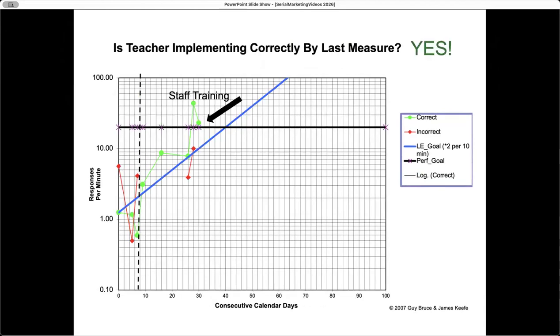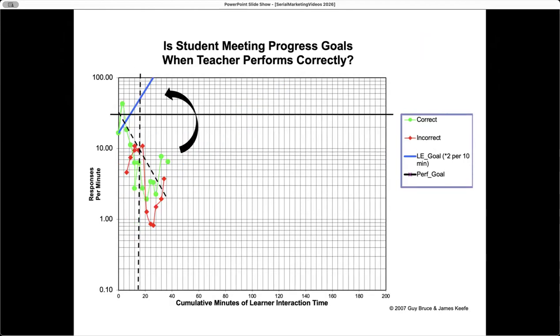Remember, you're seeing how the teacher's performance improved until she was performing perfectly, 20 correctly implemented steps per minute with no errors. And what happens to the student's progress? It gets worse. The better the teacher performs, the worse the student gets. So no, the student was not meeting progress goals when the teacher performs correctly. So what does that mean?